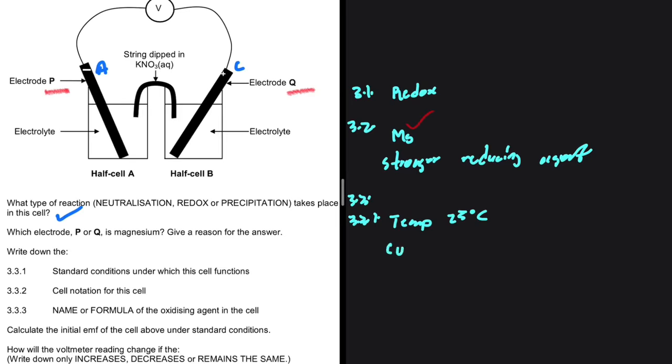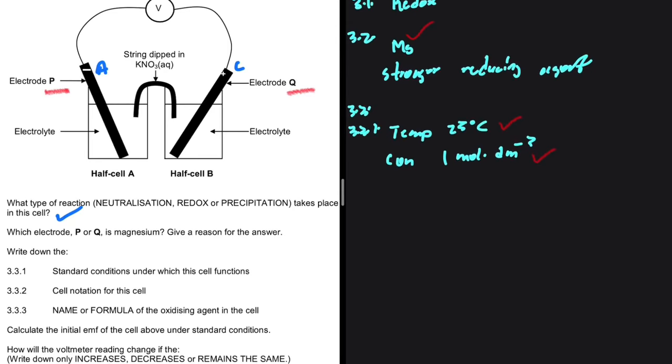Another condition is the concentration at 1 mole per decimeter cube. Lastly, we have the pressure. But pressure doesn't apply in our case in this cell. That is because we don't have any gas. So in this cell, we're supposed to only mention temperature and concentration. That is another trick you have to be aware of.